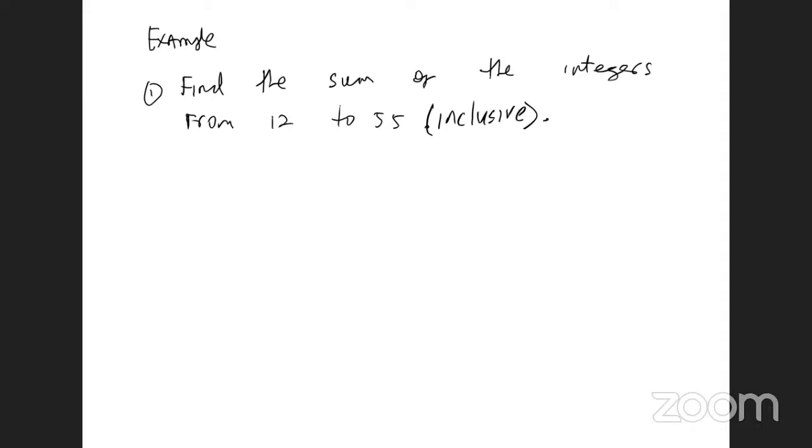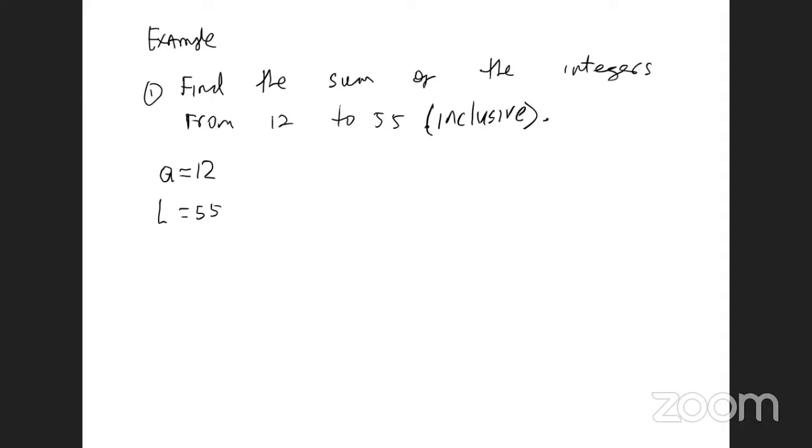All right, so we know A and we know L, but the problem is we don't know N. So how many integers are there between 12 and 55?